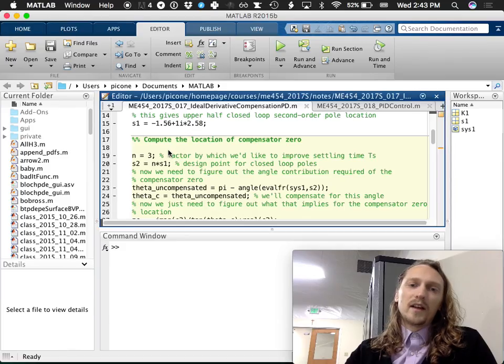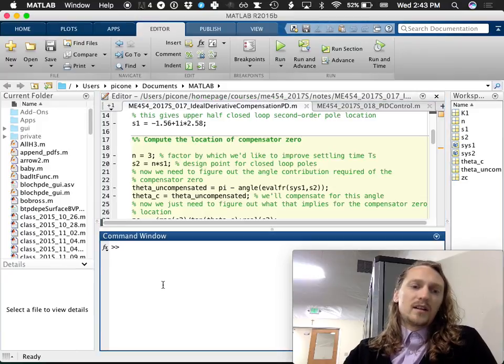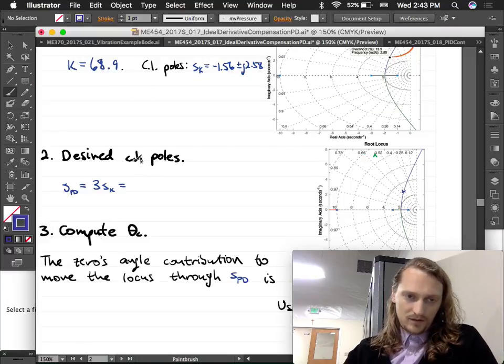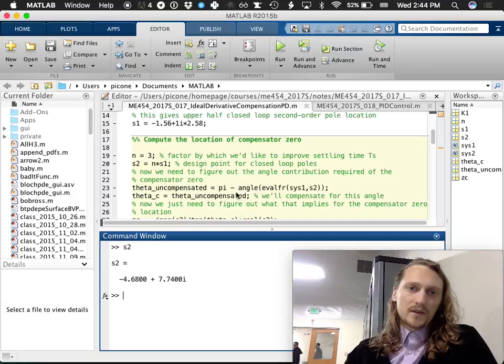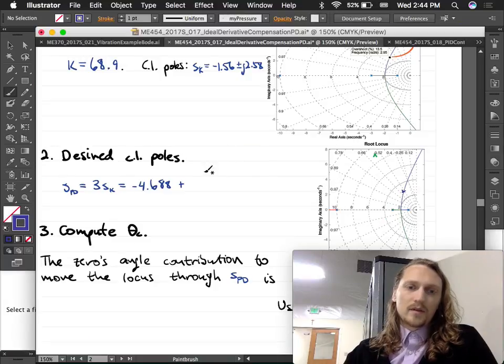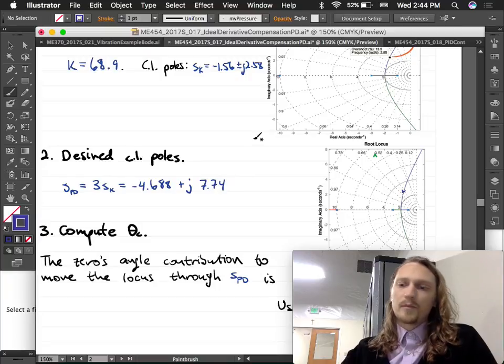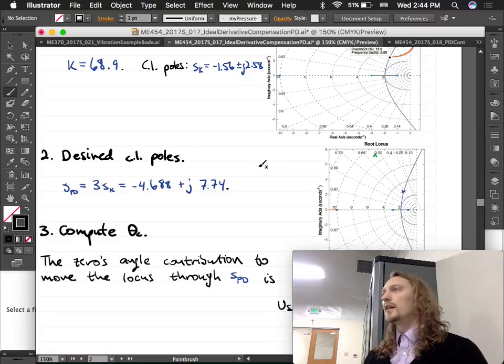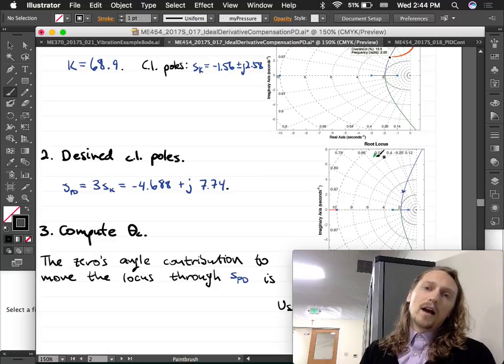If I evaluate this, then I get S2 is negative 4.68 plus 7.74j. So j 7.74. Good. So we know where we want to be, and we're out here.